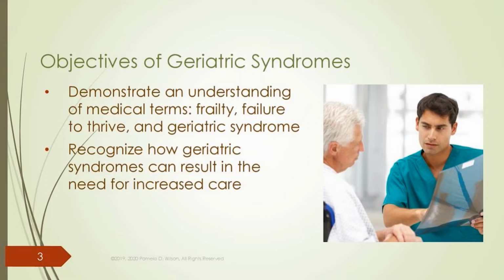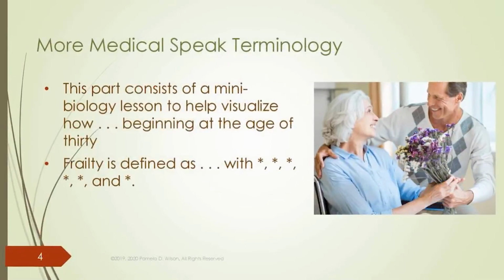You should also be able to recognize how one or parts of geriatric syndromes can result in the need for more care if we don't catch it early, if we don't address it, and honestly, if we don't even know what we're looking for.